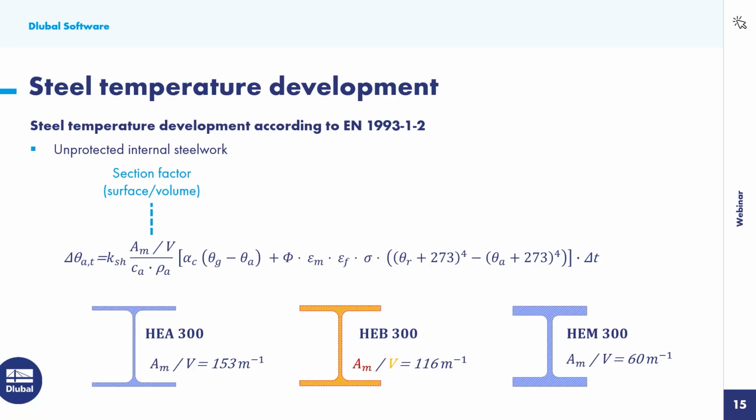This means that more compact cross-sections have a lower profile factor, as demonstrated here in this example calculations. And as a consequence, and since the profile factor is in the numerator of this heating equation, compact sections heat up more slowly. And we will check this in a minute in the model again.